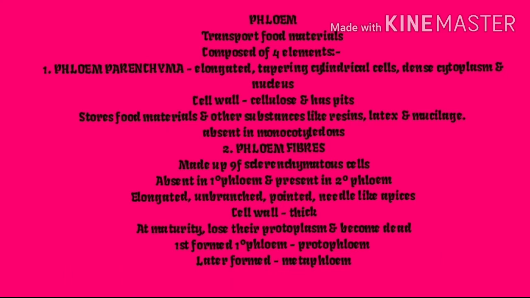Now let us discuss the phloem. Phloem mainly transports food materials usually from the leaves to other parts of the plant. Phloem in angiosperms is composed of sieve tube elements, companion cells, phloem parenchyma and phloem fibers. Let us first understand what phloem parenchyma is.